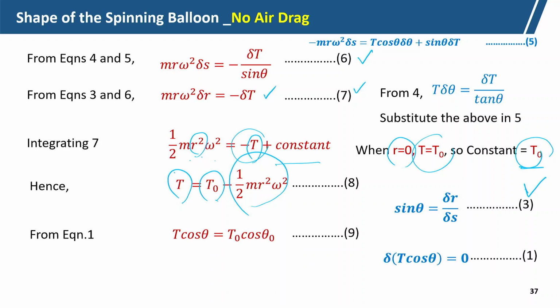So, from equation 1 we get the value T cos theta equal to T0 cos theta 0. Okay.